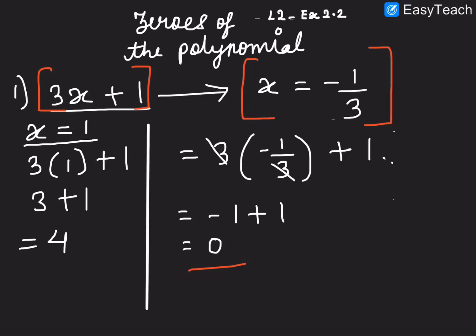So let us see a few examples. The question is: verify whether the following are zeros of the polynomial or not. Let's take one simple example now.